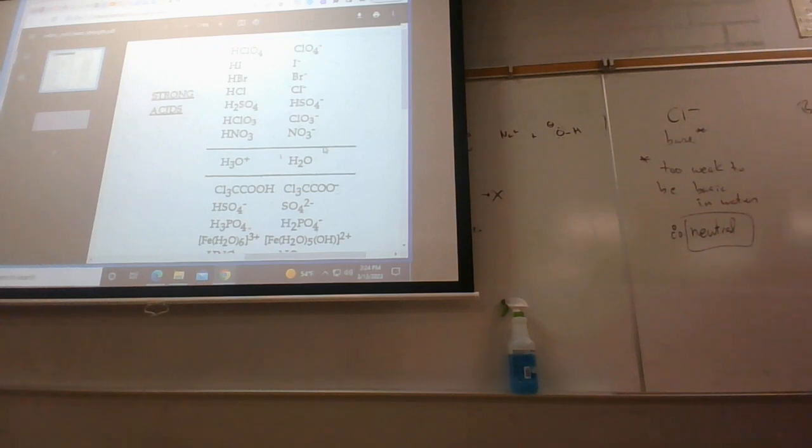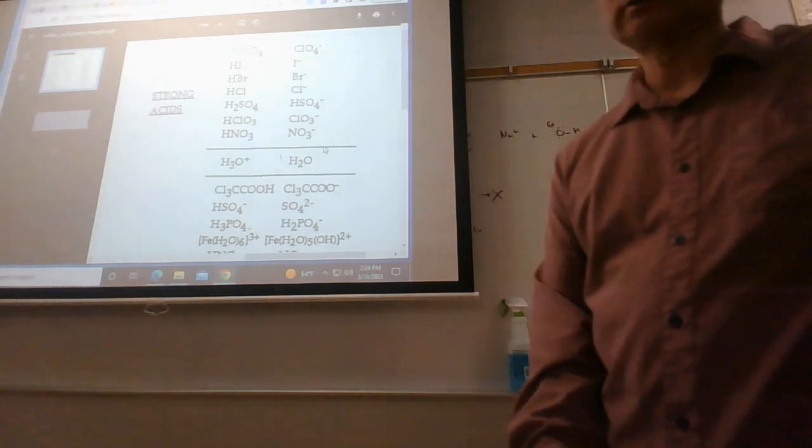The Lewis chart is complicated. We'll talk a little bit more about Lewis later.